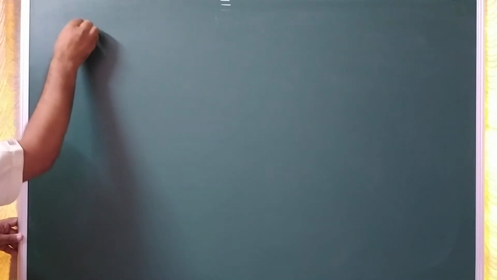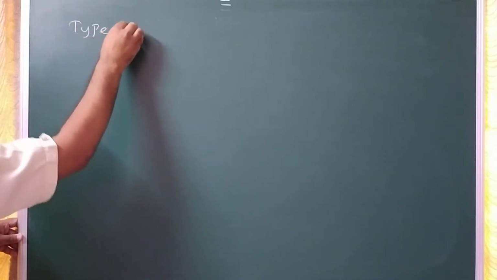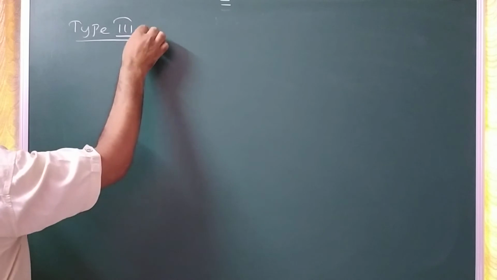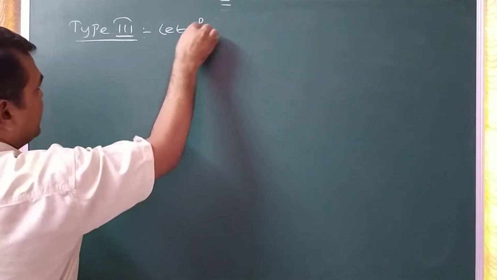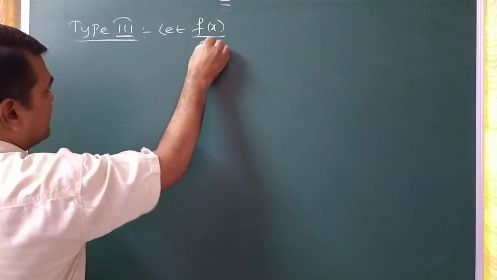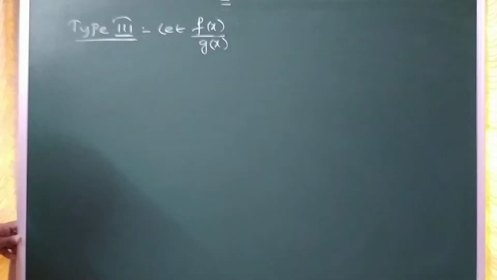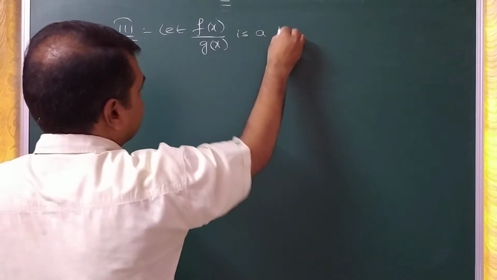Type 3 is also a proper fraction only. So in type 3, f of x by g of x is again a proper fraction.